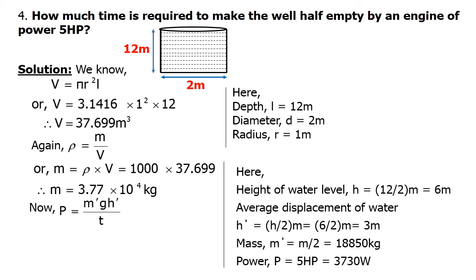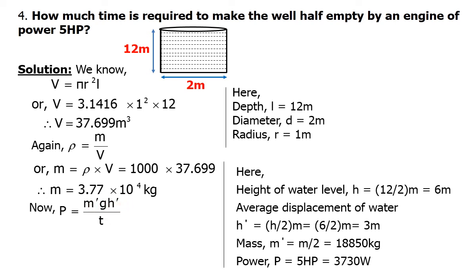18,850 kg. And here the power of the pump is given 5 HP, that means 3730 watt. Now to calculate the time using these quantities, we choose the formula P equals mgh by t.